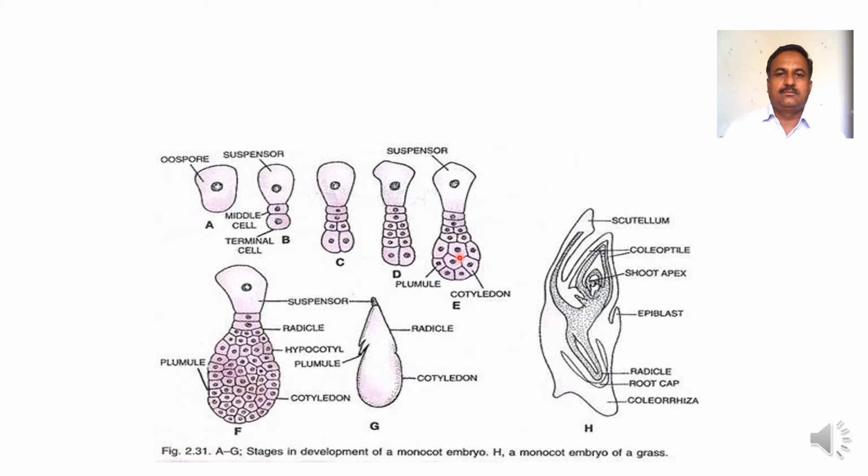Later on, a plumule and a mass of cells develop the plumule and cotyledon in the case of monocot, and finally the scutellum is nothing but the cotyledon, and the plumule is covered by a protective covering called coleoptile, and this is the radicle, which is covered by a protective sheath called coleorhiza.